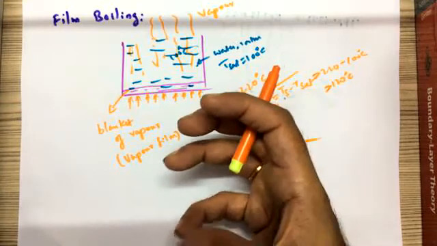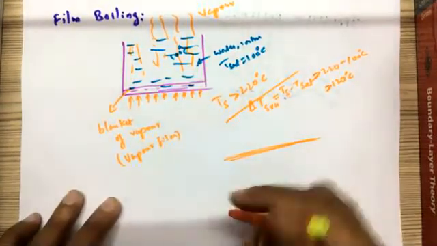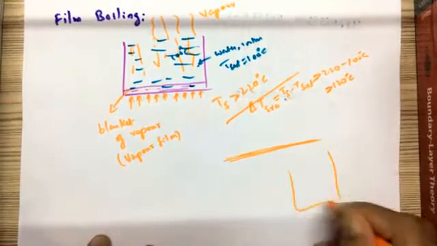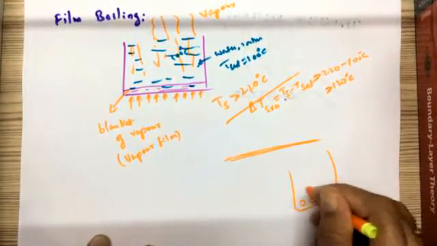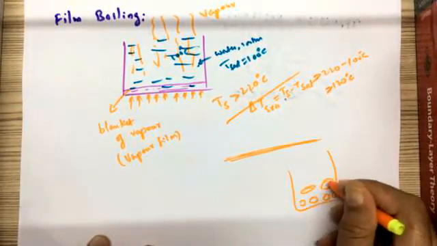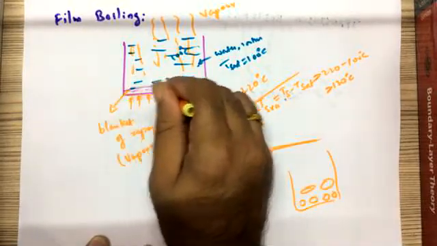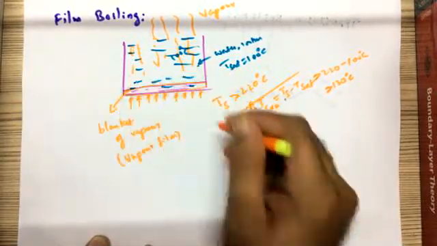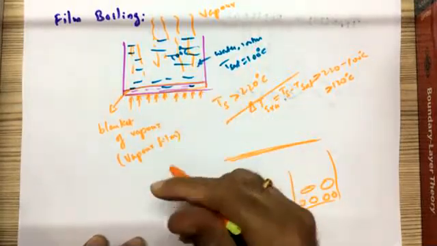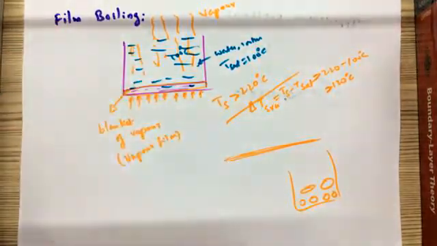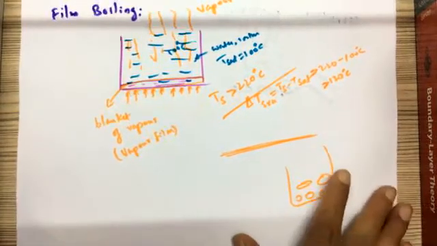In the previous case, we talked about the small vapor bubbles and the large vapor bubbles. But here, all these vapor bubbles collide and form a thick blanket. And this kind of boiling is called film boiling. So these are the four regimes that we have in boiling.